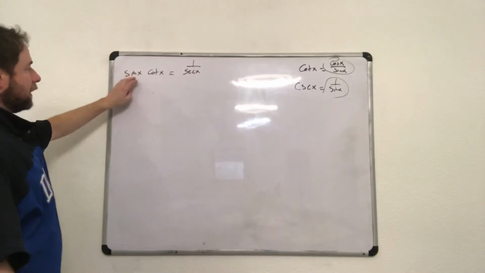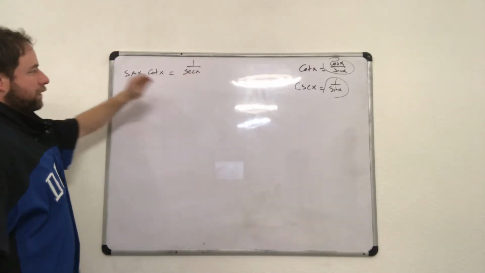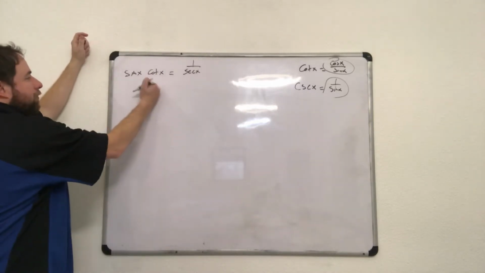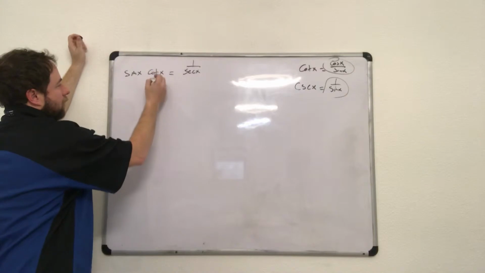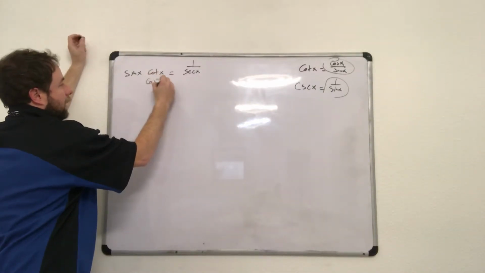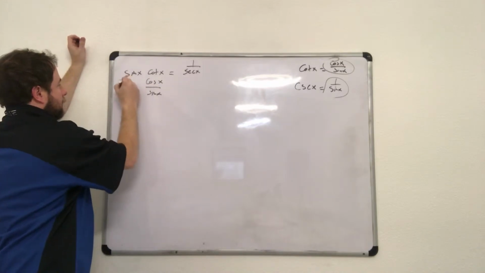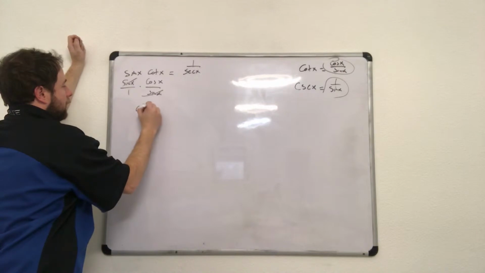Here's another problem. Sine x, cotangent x. Work that out until it equals that. Kind of prove that those two are equal. Well, one thing is cotangent x, we remember, is cosine x over sine x. We'll leave sine x alone. Those will cancel.